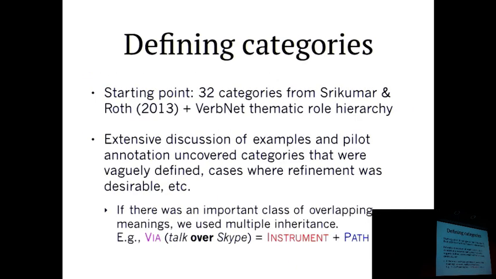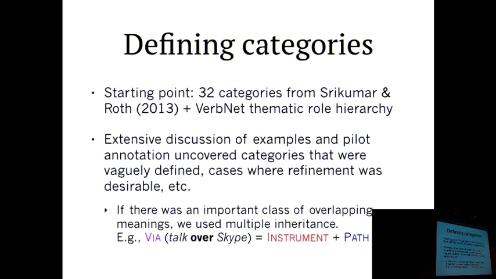Okay, the more difficult aspect then was actually defining a set of categories. We started with a set of 32 categories from the previous work, Vivek Srikumar, that I mentioned. We also looked at the VerbNet roles, which are of a similar flavor, but only applied to core arguments of verbs.